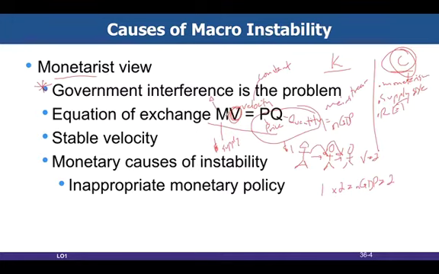If M goes down, nominal GDP goes down, because if V is constant and M goes down, it has to. Likewise, if M goes up, V is constant, nominal GDP goes up, because it has to. That's just math. So they would say that monetary causes of instability come from inappropriate or bad monetary policy. Okay, so that is monetarism.